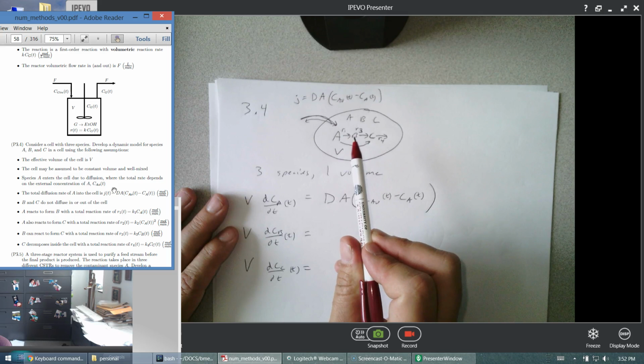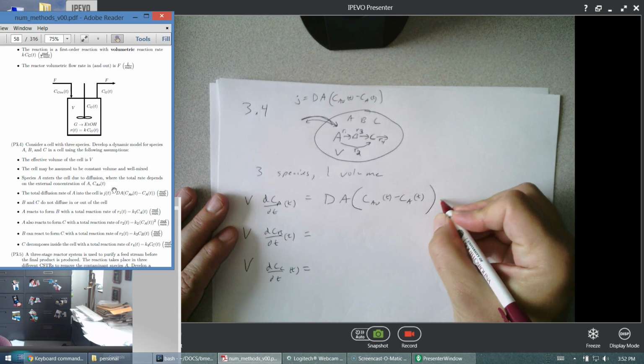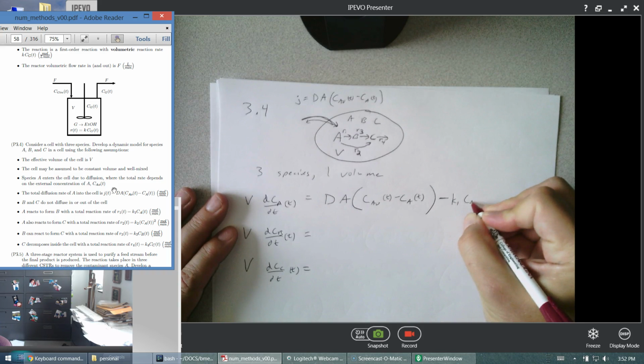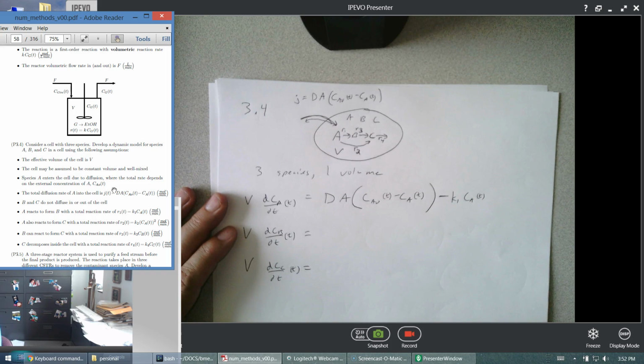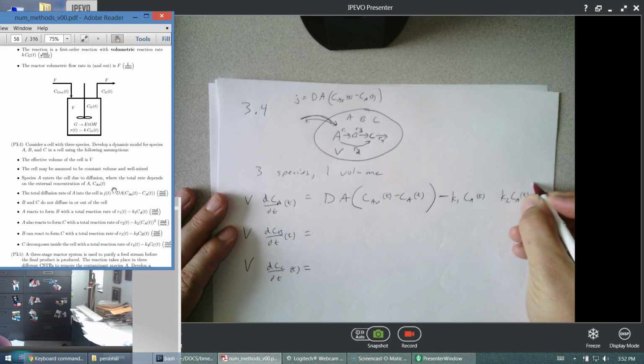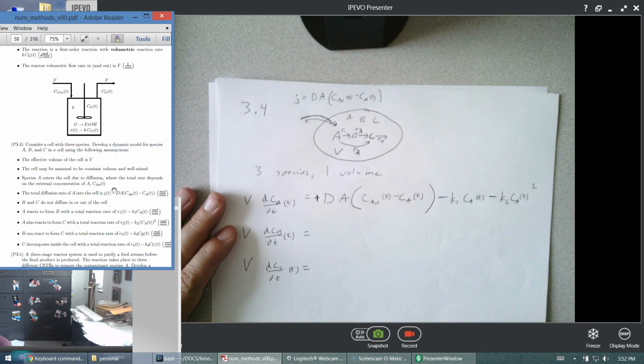Well, it reacts to form B and it reacts to form C. The total reaction rate for forming B is K1 Ca of T. And A also reacts to form C. The total reaction rate for reaction 2 is K2 Ca of T squared. Those are both consuming A, so they have negative signs. We have a positive sign for this diffusion rate because it's coming into the control volume.